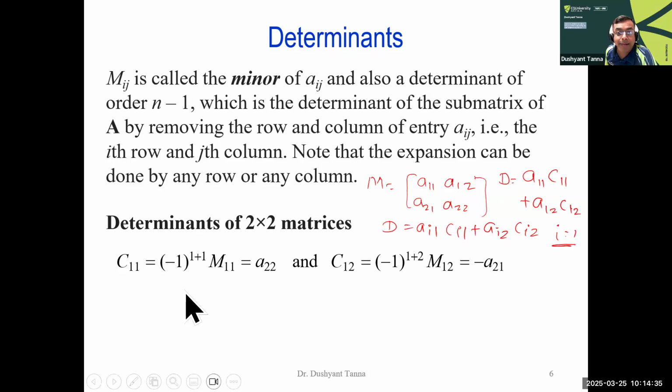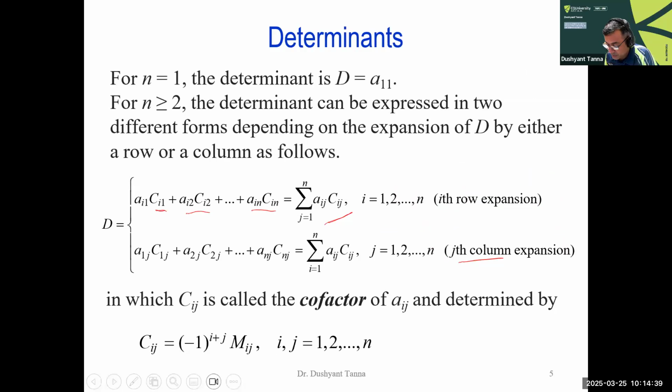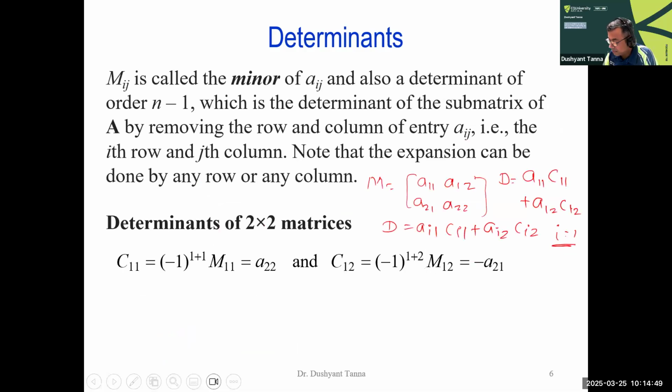C is a cofactor. The definition of cofactor says it is minus 1 power i plus j, times its minor. So C11 will represent the cofactor of A11.